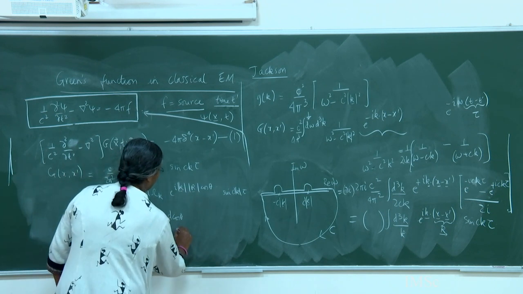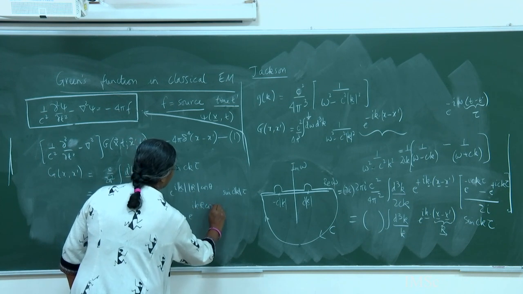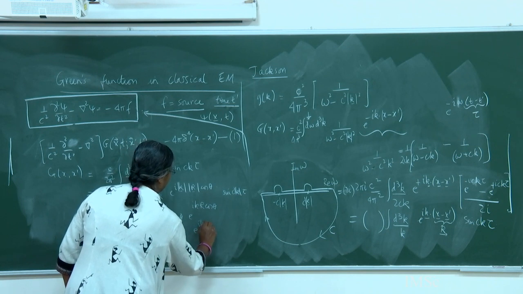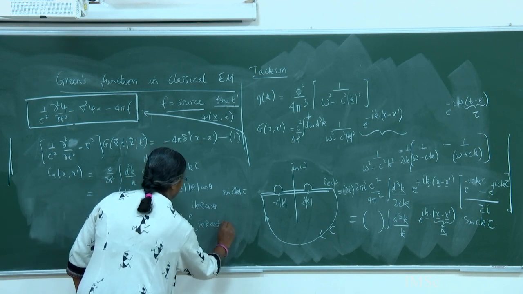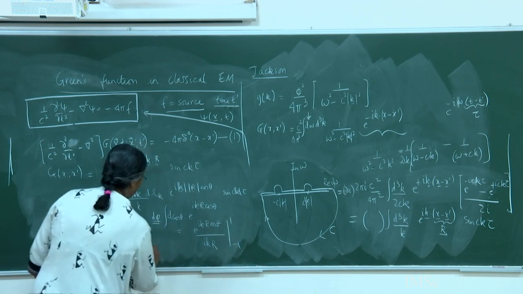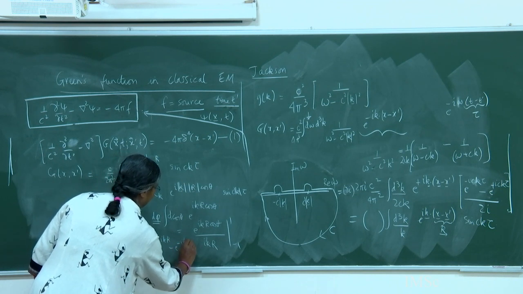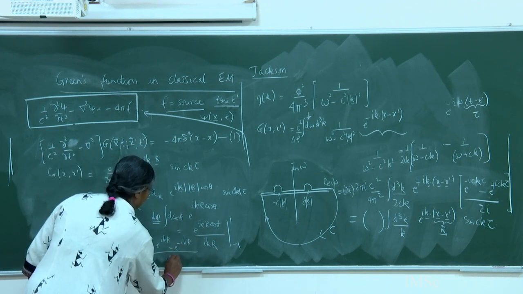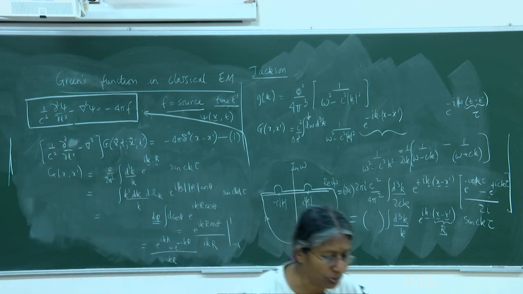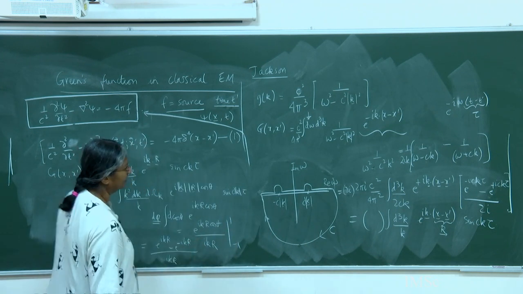So d cos theta e to the i k r cos theta is simply e to the i k r cos theta by i k r from minus 1 to 1, which is e to the i k r minus e to the minus i k r by i k r. Can you see that this is also going to give me a sine? This is going to give me a sine k r.